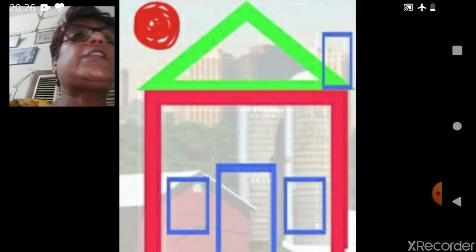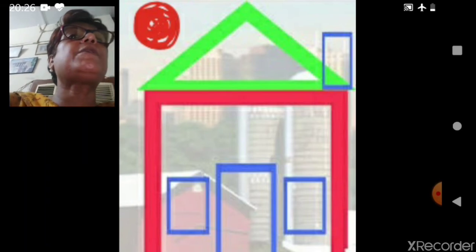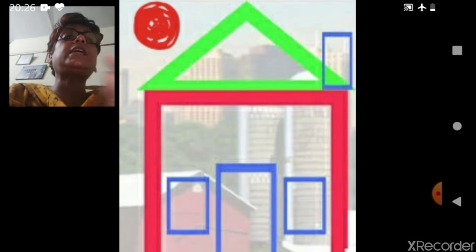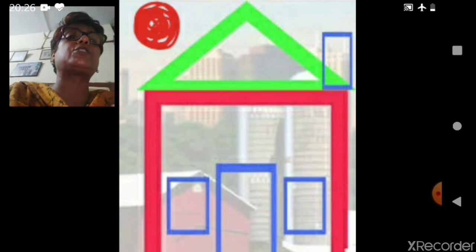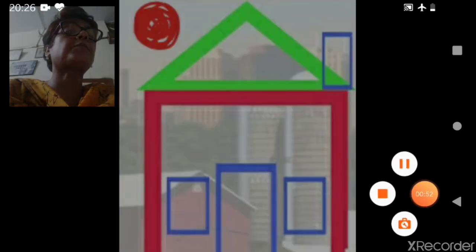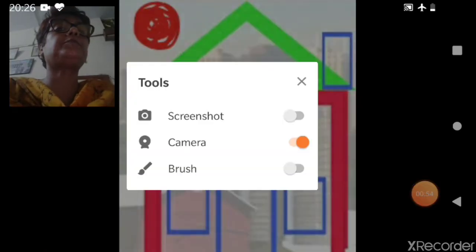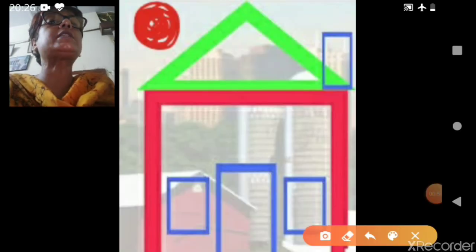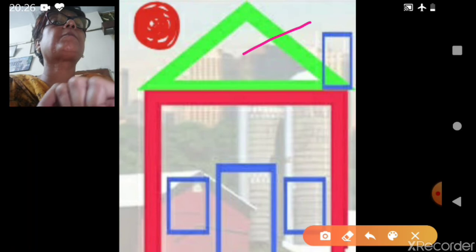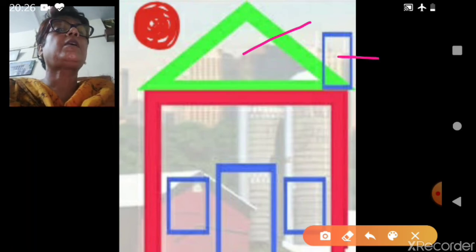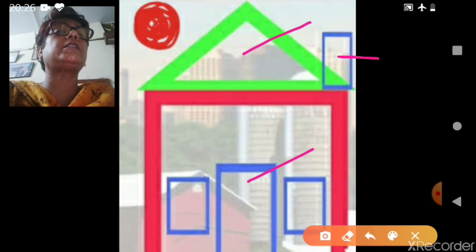So everything is not of the same shape. So what do you see in this picture? You can see different shapes in this picture. You can see a triangle, you can see a rectangle, you can see another rectangle.